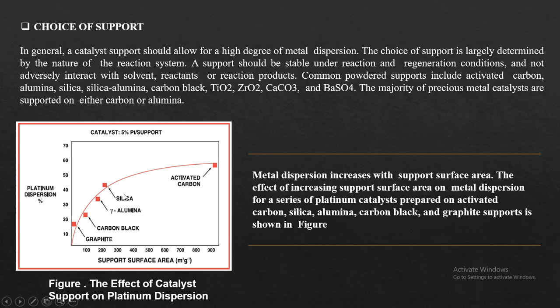The surface area for silica, alumina, and carbon black is lower than activated carbon, so platinum dispersion is much higher on activated carbon than on the other supports. Metal dispersion increases with the support surface area. The effect of the increasing support surface area on the metal surface, for a series of catalysts prepared on activated carbon, has been shown in this figure.